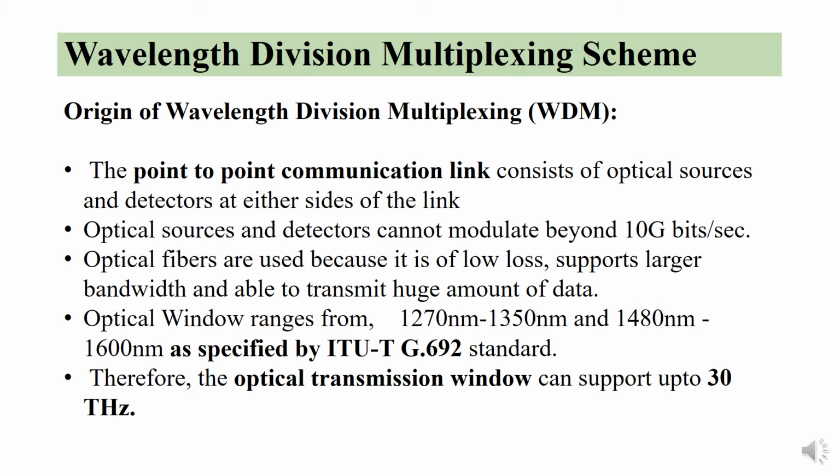Optical fibers have optical window ranges specified by the ITU-T G.692 standards, and these optical transmission windows are advantageous because they support up to 30 terahertz.